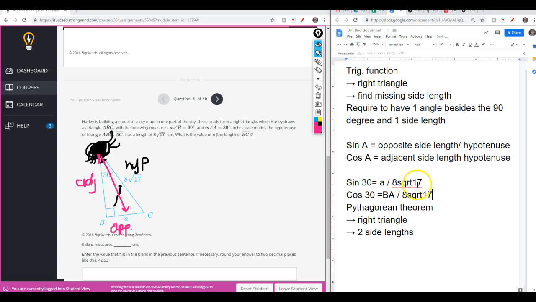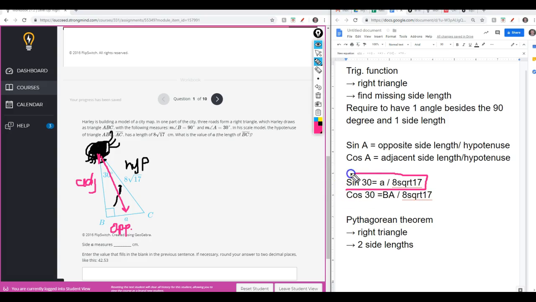Now we are going to decide which of these is really what we want. We want to find side length BC, which is represented by little a. So I look between these two. The one that has little a in it is this one.